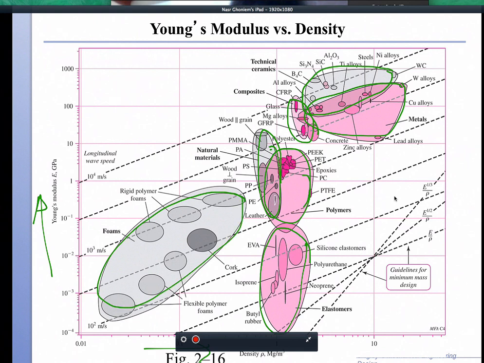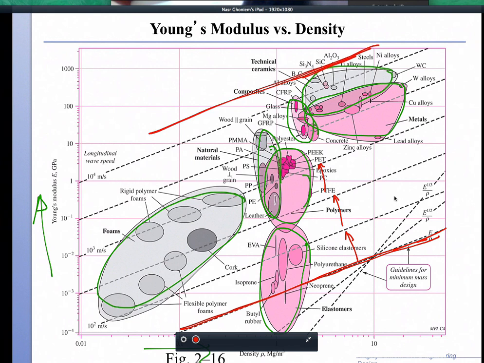So if we want to maximize E over rho, we have a straight line that has the slope of E over rho, which is this straight line here, and I want it to be maximum, so I just raise the line along this direction until it becomes the maximum possible, which would be something on this order like here.